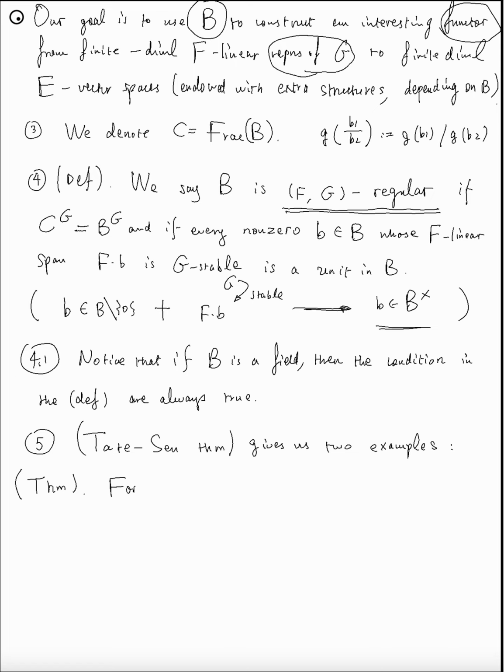So recall the Tate-Sen theorem. For any p-adic field K, we have that the fixed point of C_K under G_K is K. So C_K is the valuation algebraic closure and then valuation completion of the field.